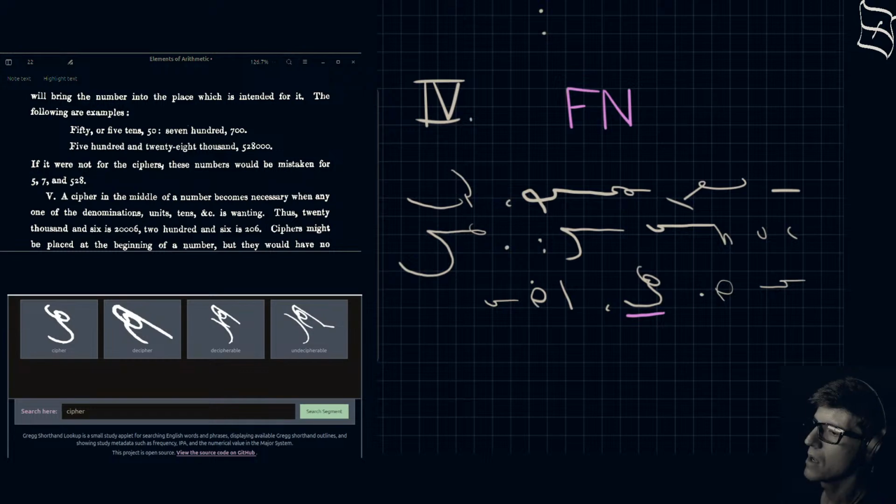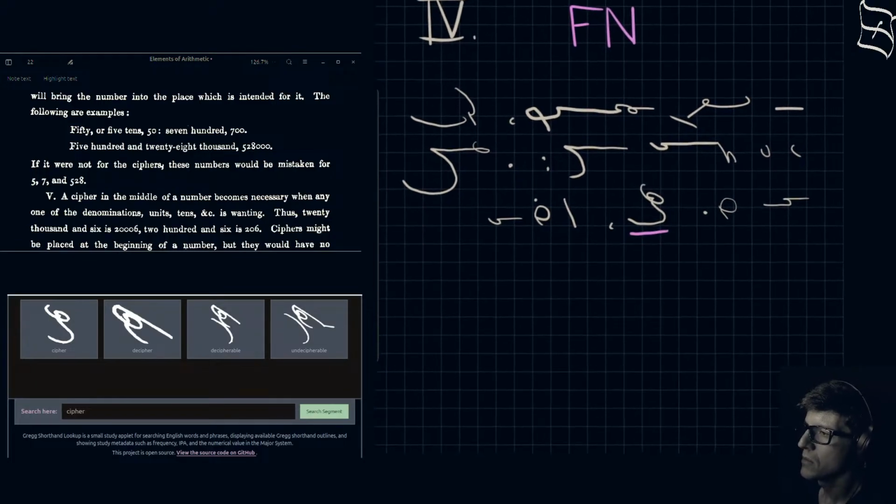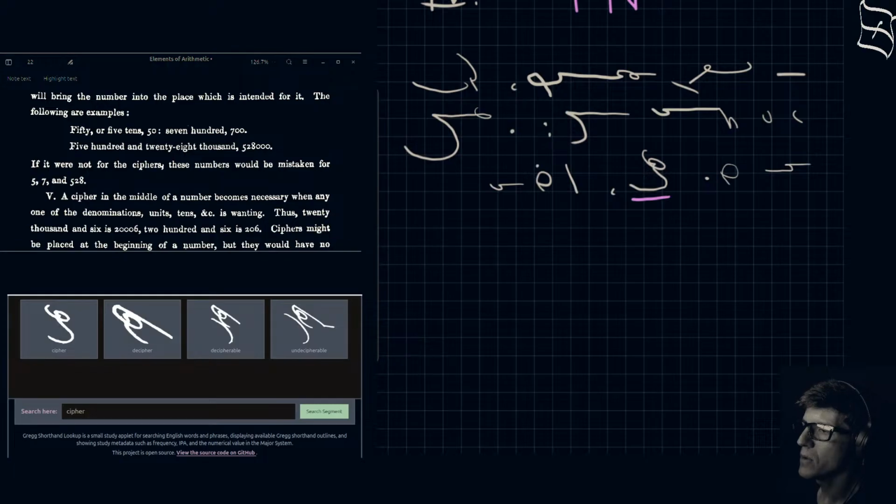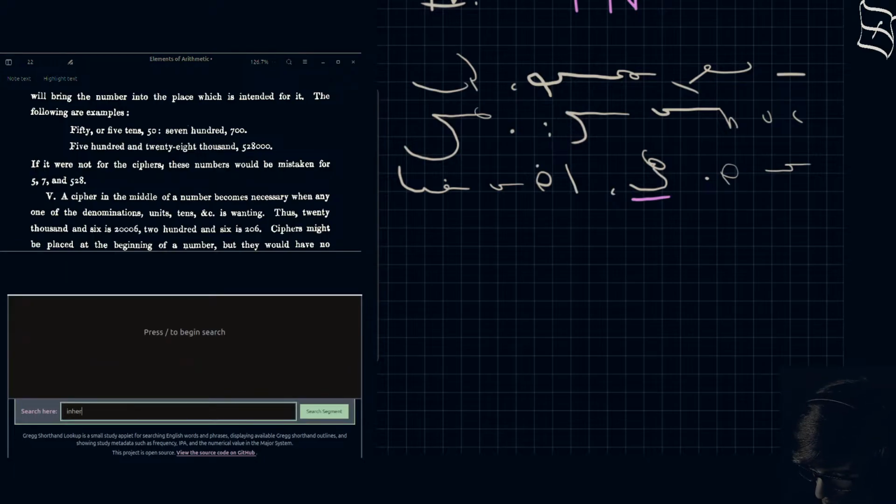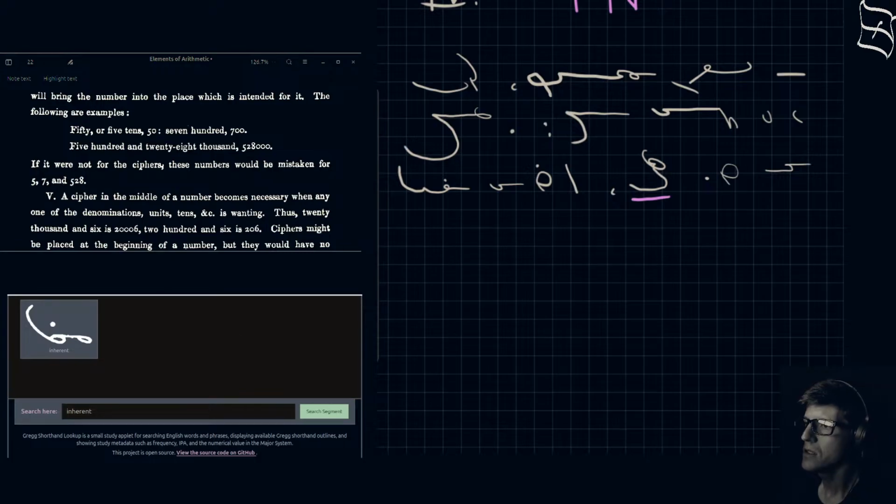No inherent value. So we need to look up inherent. Let's see, what would inherent be? Like that. Let's go ahead and see if inherent is one of the words. It is, and it uses a backwards R principle, so that's nice.